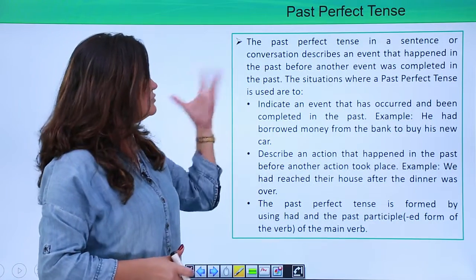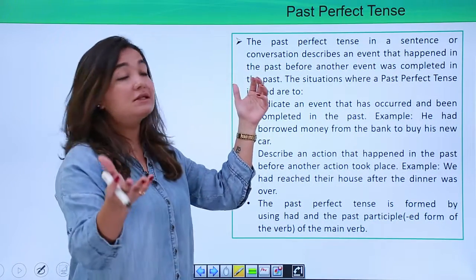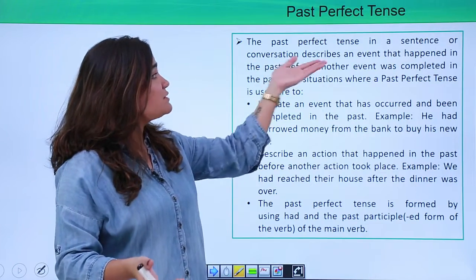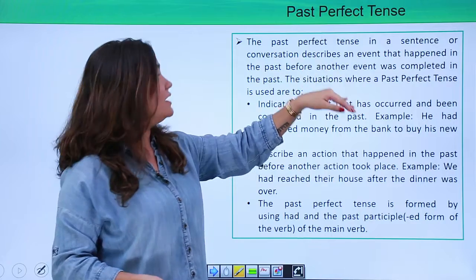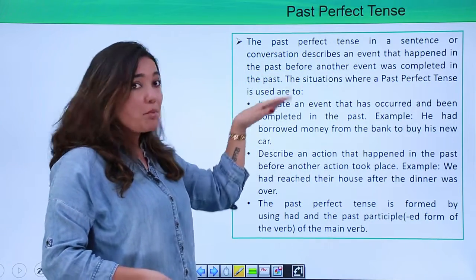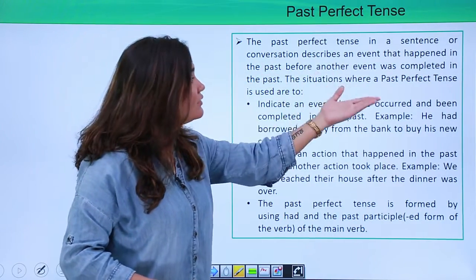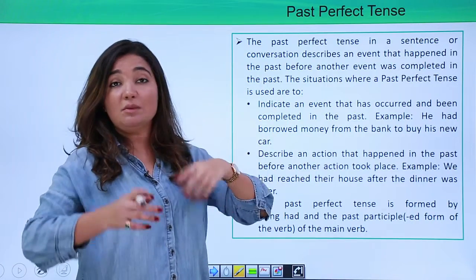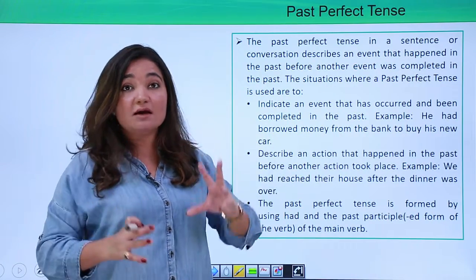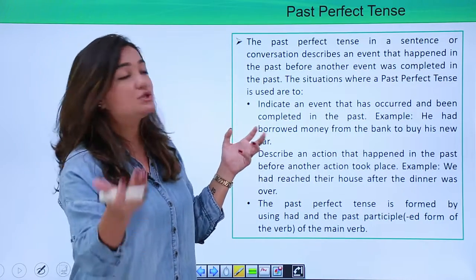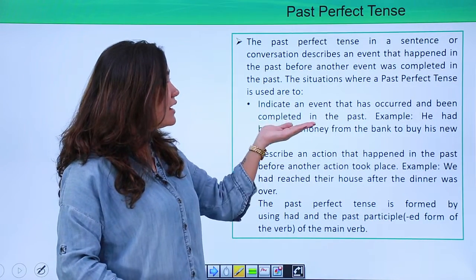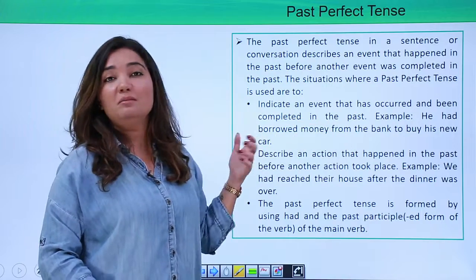So let's first see the definition. Past perfect tense, in a sentence or conversation, describes an event that happened in the past before another event was completed in the past. So something that has started and has completed, right? Where are the various conditions wherein you can use that? An event that had occurred and been completed in the past.